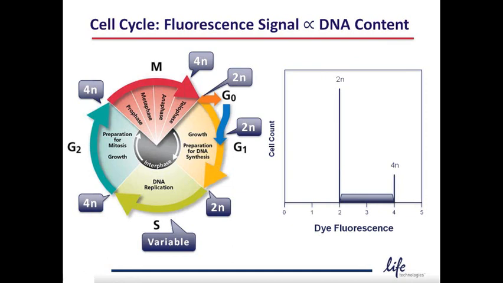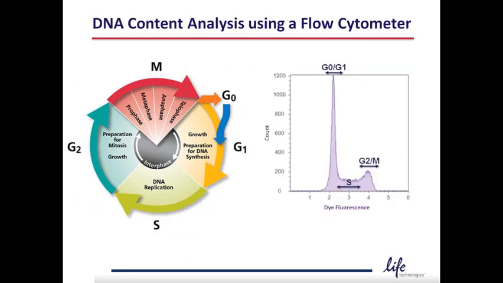In very traditional methods of measuring cell cycle, we can use flow cytometry to measure large populations of cells to see how many cells in a population are in each stage of the cell cycle. What you see now on the right-hand side is a very typical histogram of a population of cells that are in just normal cell growth.